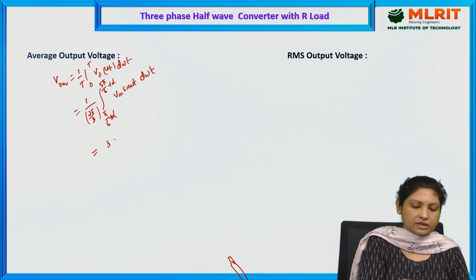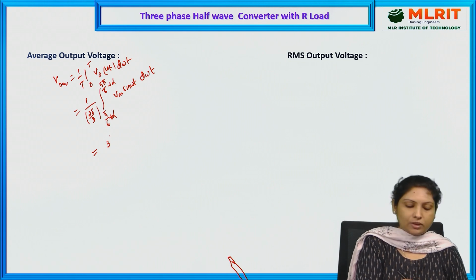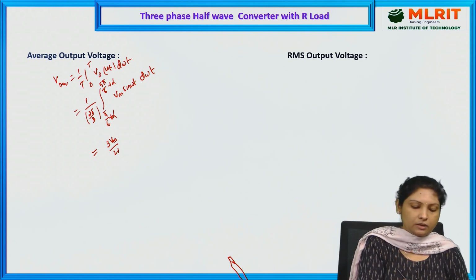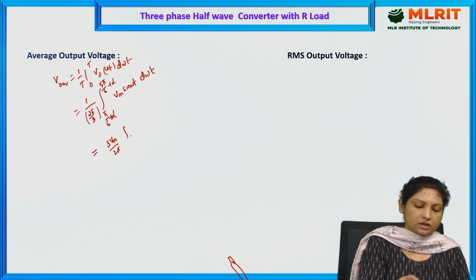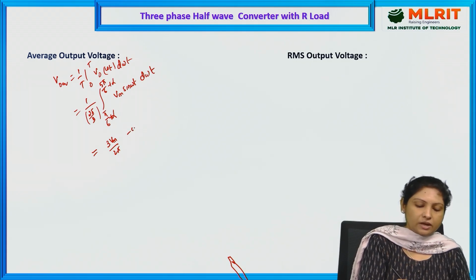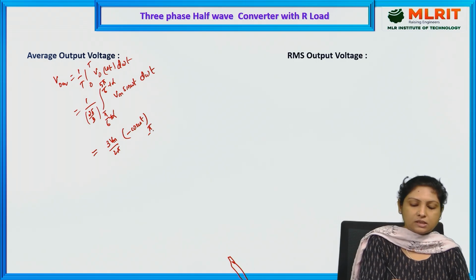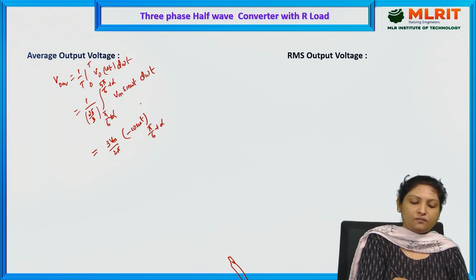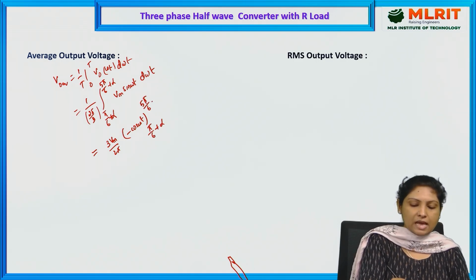And taking this 3 up, bringing out Vm, 3 Vm by 2 pi, integration of sin omega t is minus cos omega t within the limits pi by 6 plus alpha to 5 pi by 6 plus alpha.